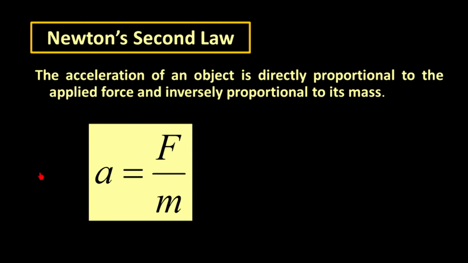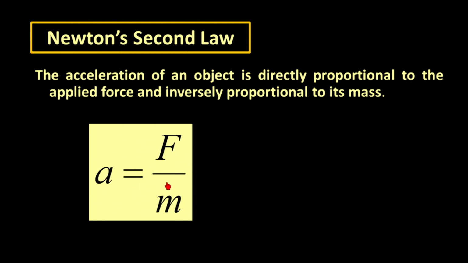So the acceleration of any body, signified by the letter A, is directly proportional to the applied force. So A is directly proportional to F, and inversely proportional to its mass. Remember, anything on the bottom is inversely proportional to A, anything on the top is directly proportional to A.